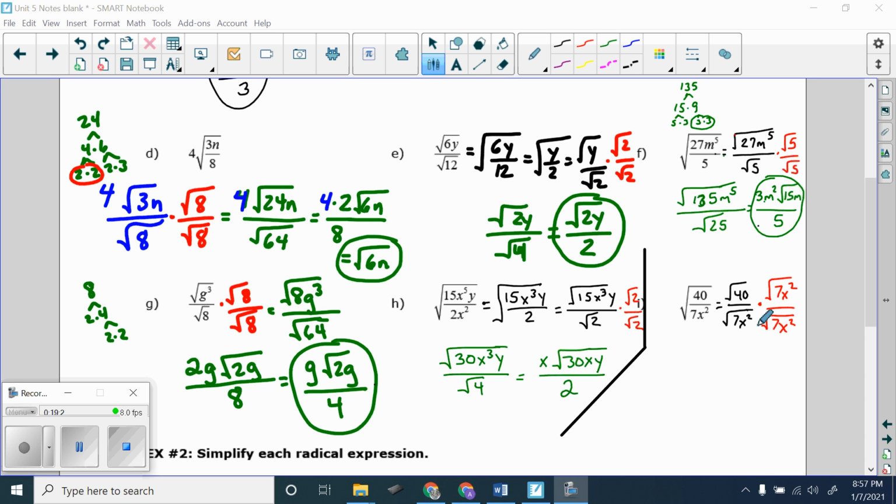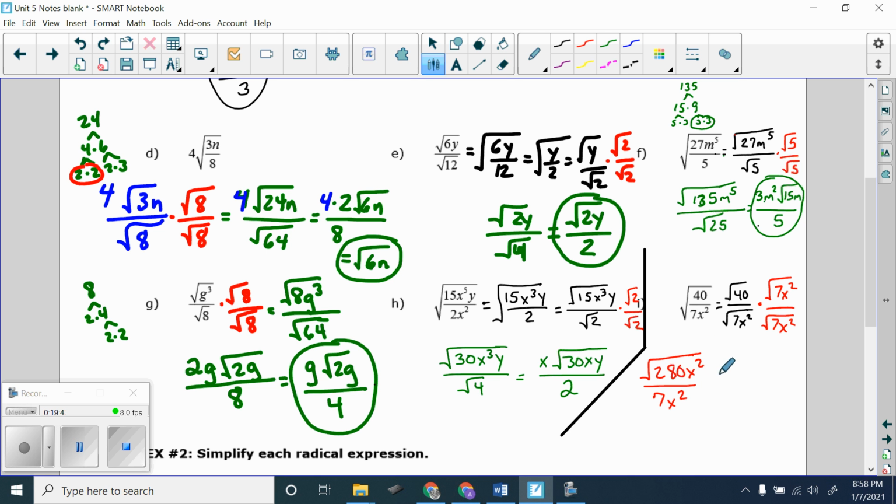So instead of multiplying these together and then bringing it out, I'm going to bring it out all at the same time. So the denominator is just 7x squared. Multiplying something to itself under the radical will come out as itself. And then the top multiplies together to give you 280 x squared.